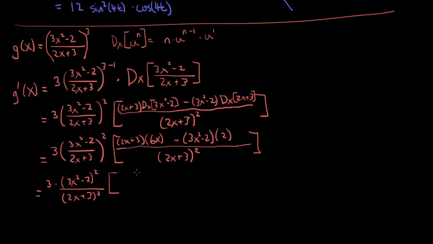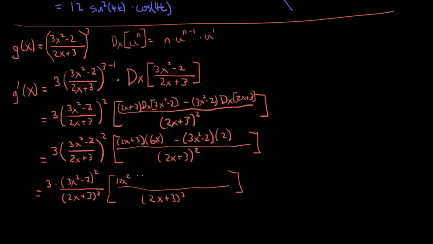Now let's see what else we have over here. We're going to do some expanding, but the denominator is still 2x plus 3 squared. Now let's expand this. We have 6x and 2x, so that is 12x squared.